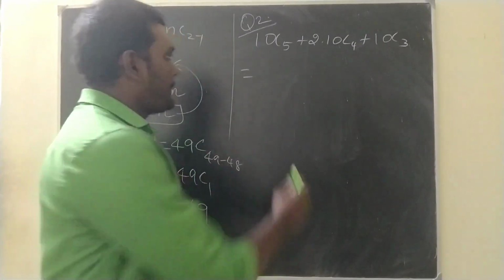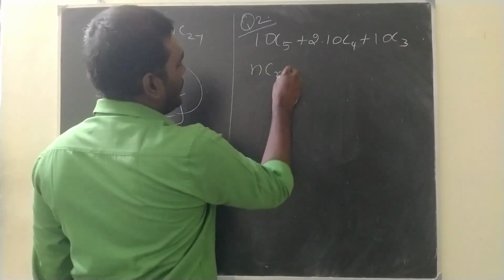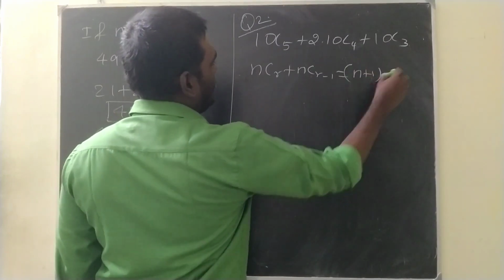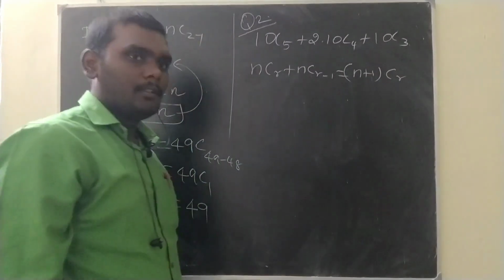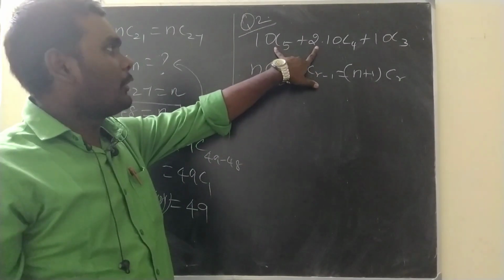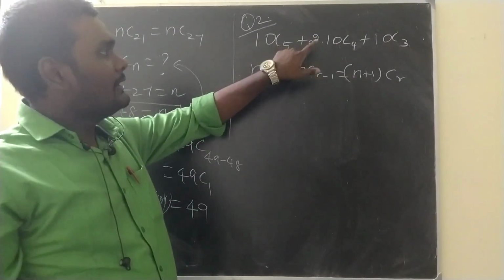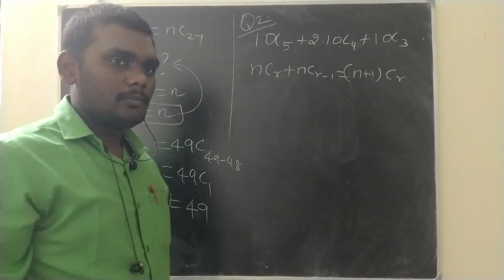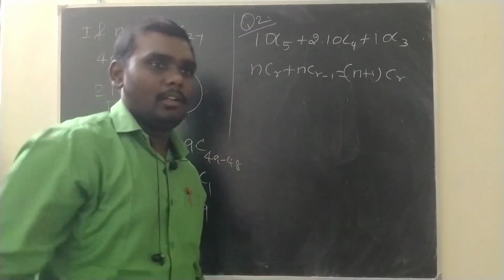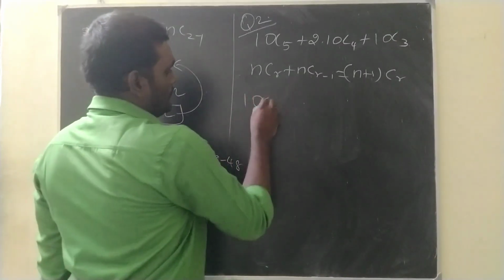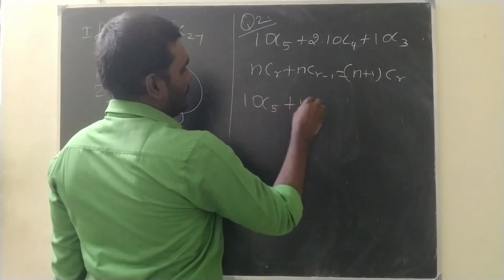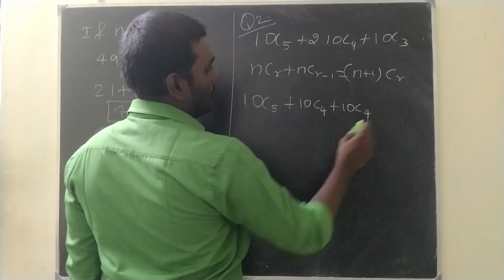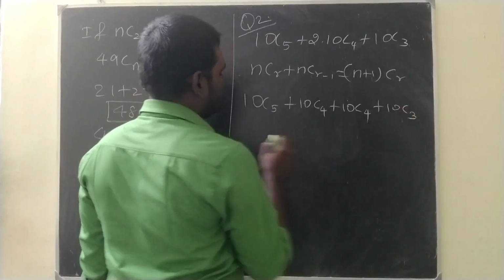Can you remember that formula? nCr plus nC(r minus 1) equals (n plus 1)Cr. But there is a problem, this 2 is disturbing us. What can we do? We'll split that into 2. We cut that into half. So 10C5 plus 10C4 plus 10C4 plus 10C3.